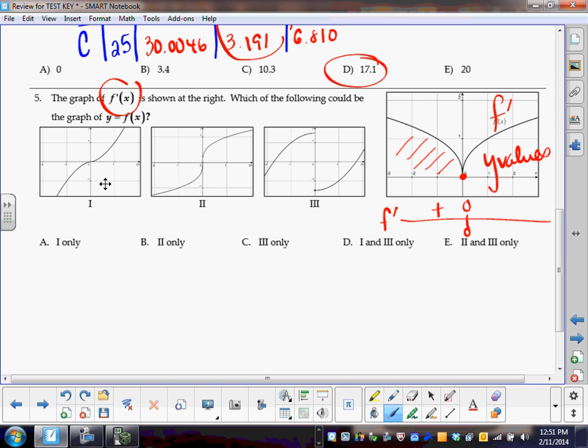F prime is not undefined there. It actually has a value. And then to the right-hand side, f prime y values are also positive. So if I'm looking at these graphs, I need a graph that has a positive slope, a 0 slope, and then a positive slope. That only happens at 1. For the derivative to exist, we can't have function 3 because there's no derivative at a jump.